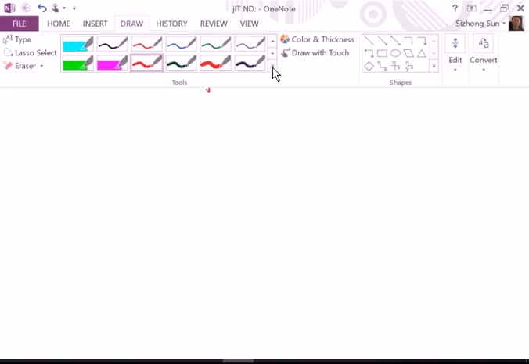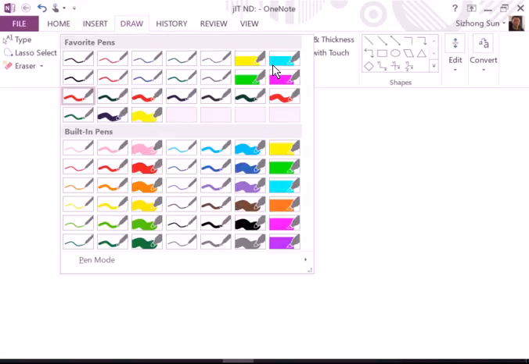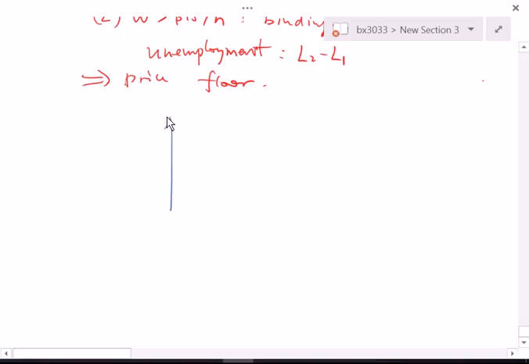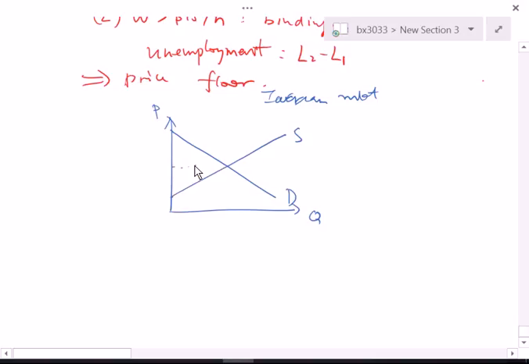Similarly, we can have price setting. For example, let's look at the ice cream market. So we have demand and supply. Without the government intervention, we have the equilibrium price and equilibrium quantity.